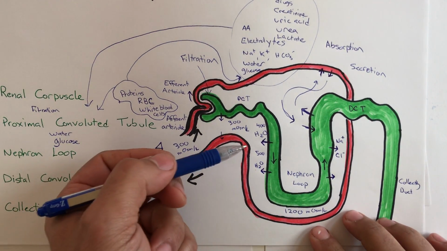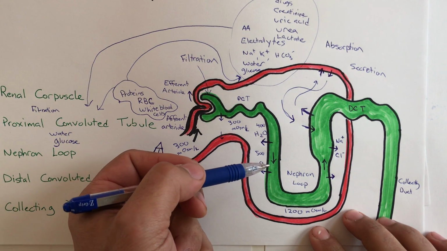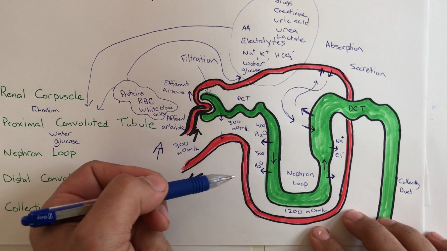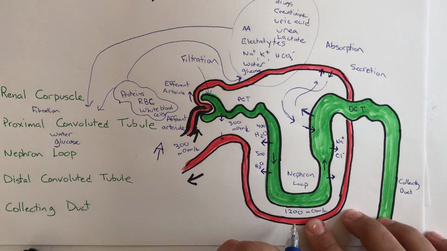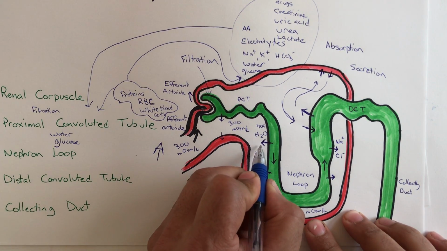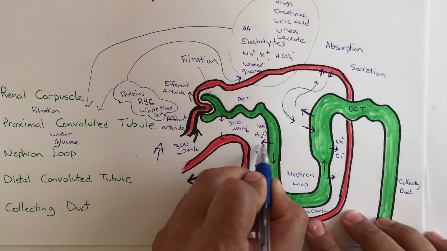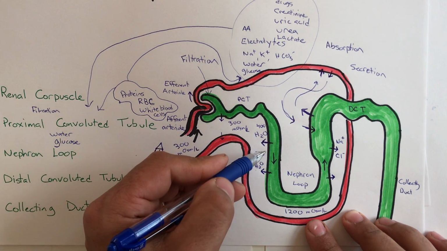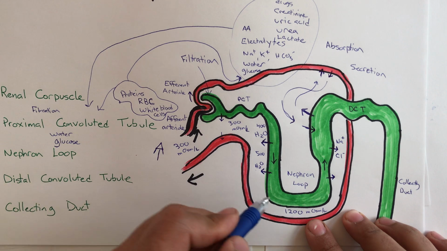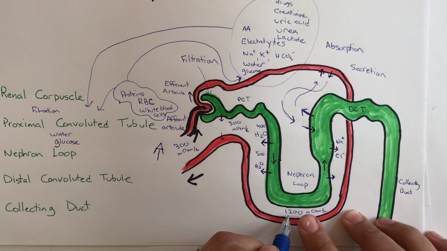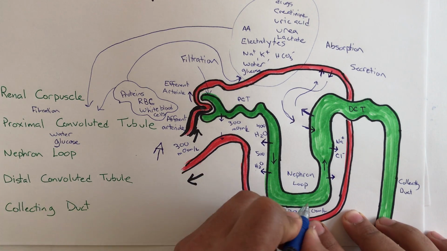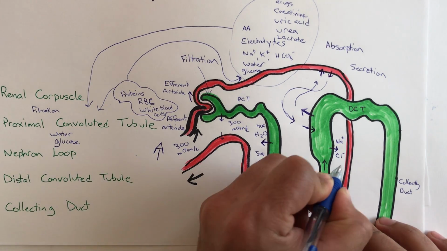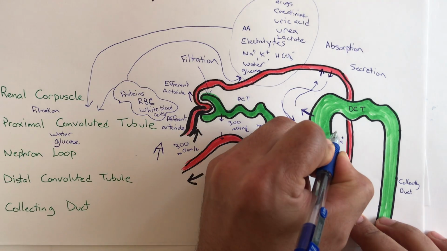Either we're dumping solute inside, or we're taking water out, and therefore the concentration goes up. And the answer is, water is coming out. We're reabsorbing it into the bloodstream, and therefore the solute concentration is going up. Then it goes back down, 1200, then 800, and 400, and so on.